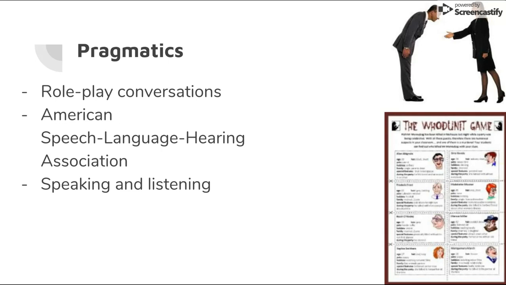So one way that you can utilize role playing that is more engaging for older students is something called the whodunit game. Basically, there is a crime, so it's very much like the board game Clue if you have played that, and there are different characters, and the students have to act as whatever character they're assigned.